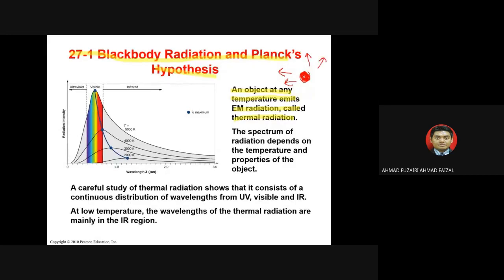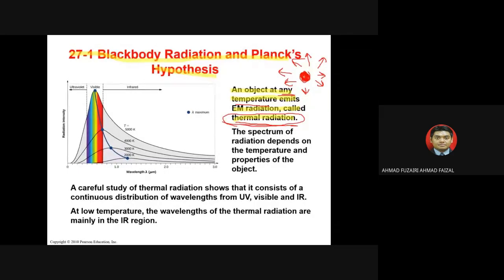Probably you cannot see the radiation because it does not fall within the visible spectrum, to which your eyes are sensitive. It could be infrared or ultraviolet, for example. It doesn't matter whether the object is cold or hot, all of them emit thermal radiation. That is why it is mentioned here, an object at any temperature emits electromagnetic radiation called thermal radiation.